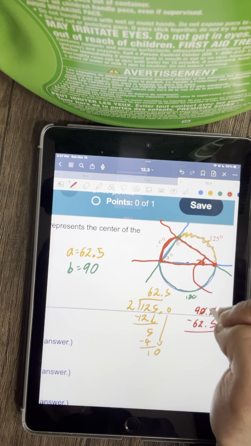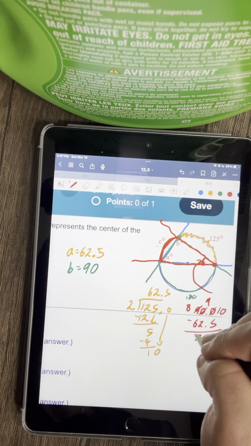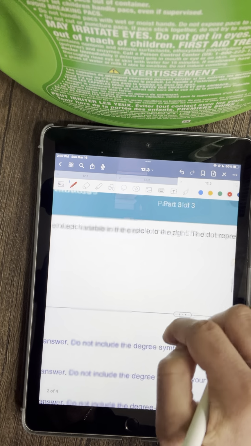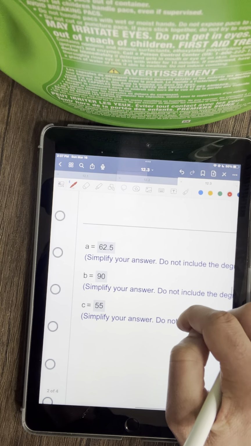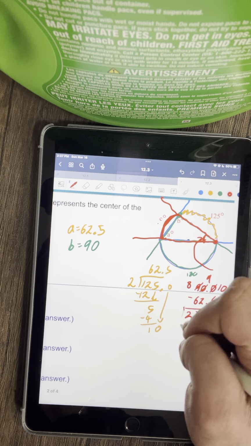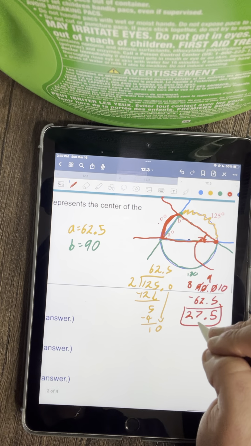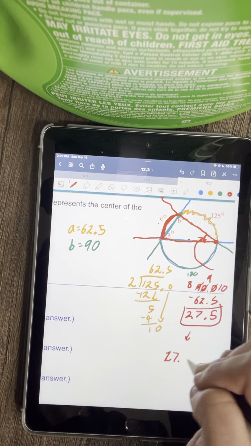It's going to be annoying. This is going to turn to a 9, it's going to turn to an 8. It should be 27.5. Oh yeah, it is 27.5. The measure of angle C is 27.5, so the intercepted arc is 27.5 times 2.